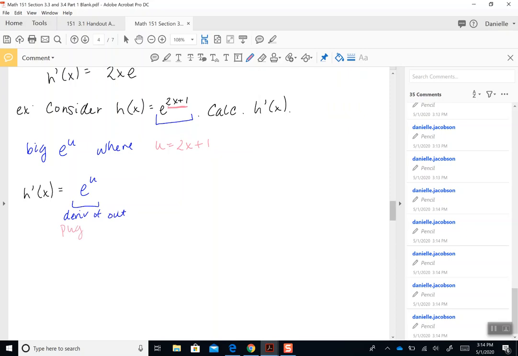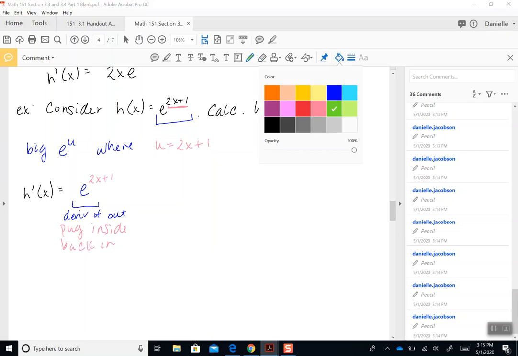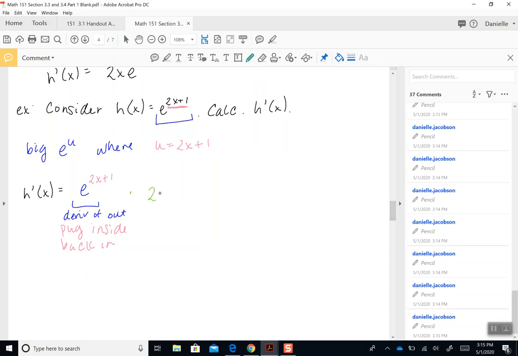So plug inside back in. All right, so I'm going to plug that little u back in, and I decided that was 2x plus 1. And again, you could just write a little parentheses there instead if you wanted. It's up to you. Okay, now I need to multiply by the derivative of the inside. So I have times 2x plus 1 prime.